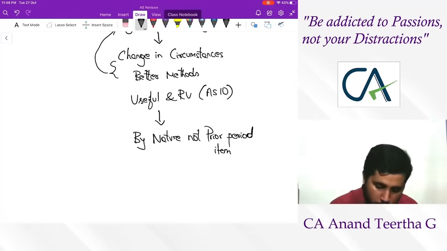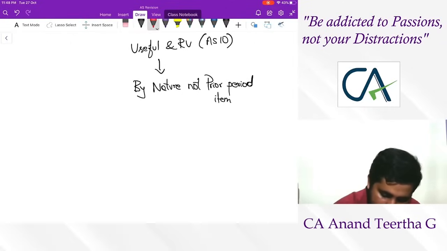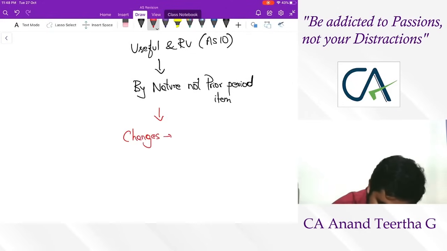One very important point of this particular standard is that changes are recorded in the place where the original element is recorded.